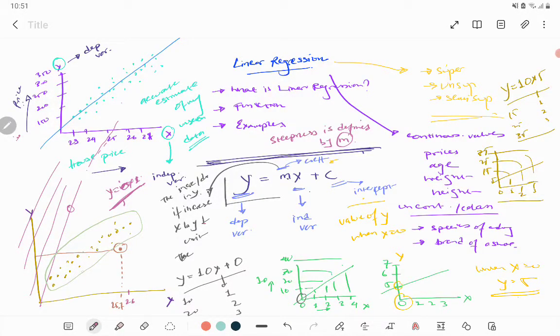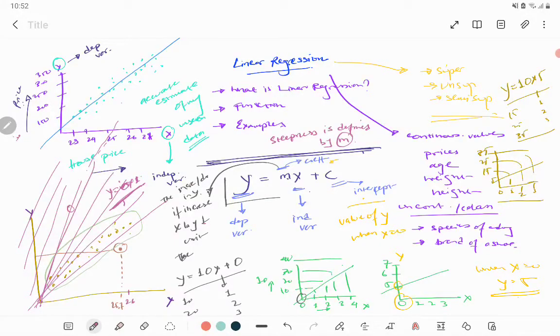If my coefficient is 1, my line is a straight 45-degree line, and 45 degrees seems reasonable over here. If I draw a 45-degree line, that seems reasonable, better than what I have over here. If I increase m, the line is going to become steeper and steeper.